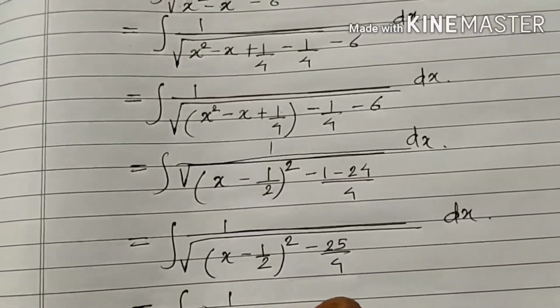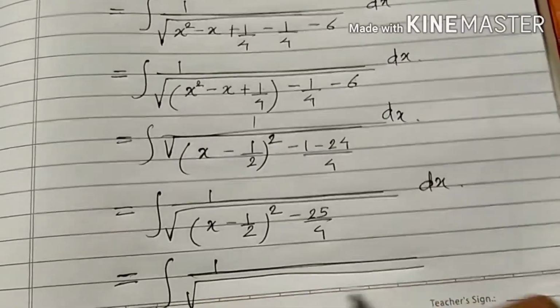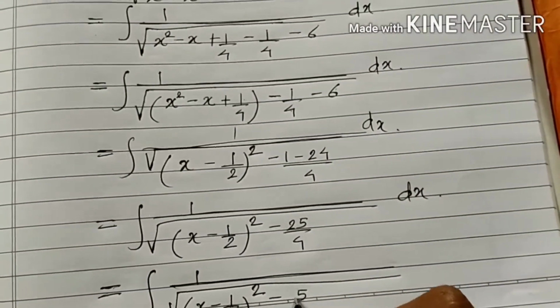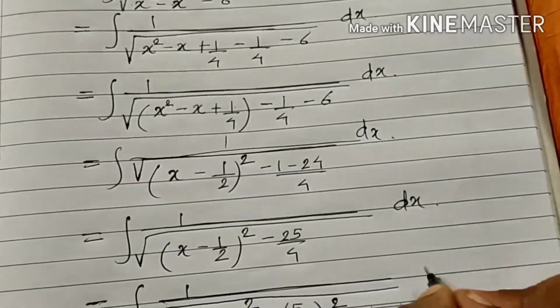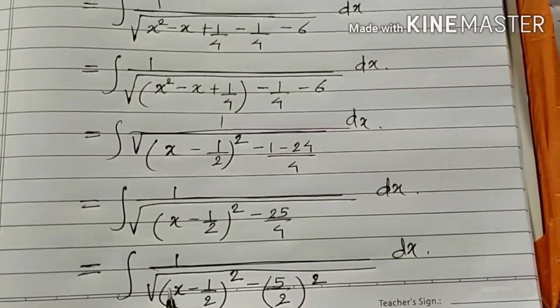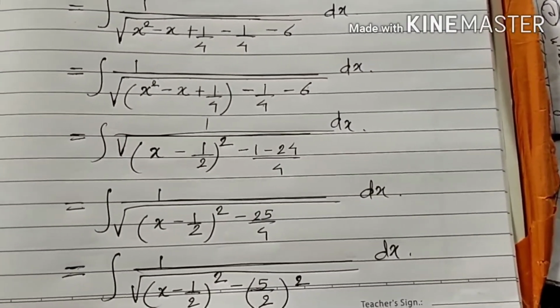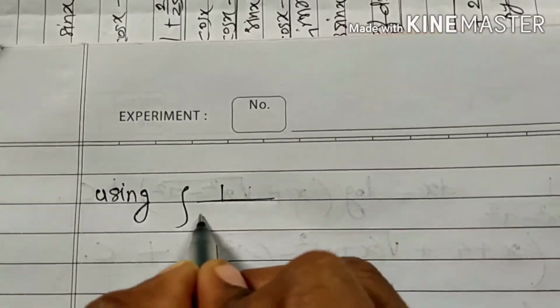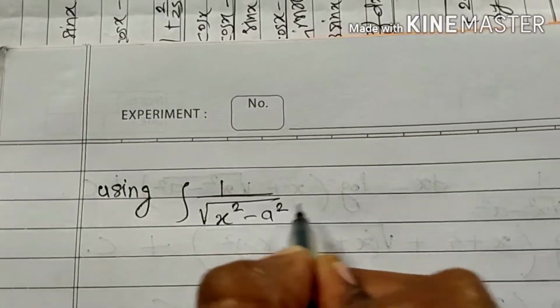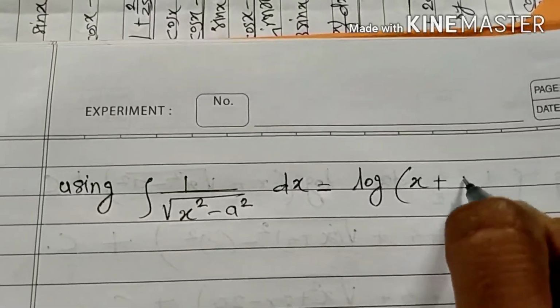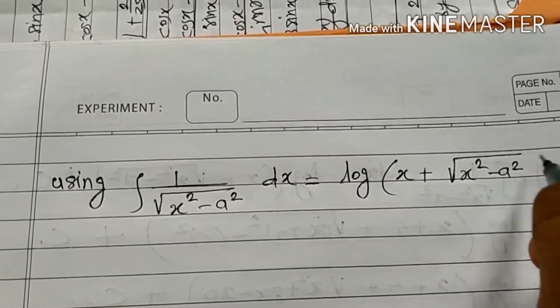Now next, x minus 1 by 2 whole square, and this is minus 5 upon 2 whole square dx. Now use here the formula integration of 1 upon under root of x square minus a square dx. So you get your answer. Using integration of 1 upon under root of x square minus a square dx is equal to log of x plus under root of x square minus a square.